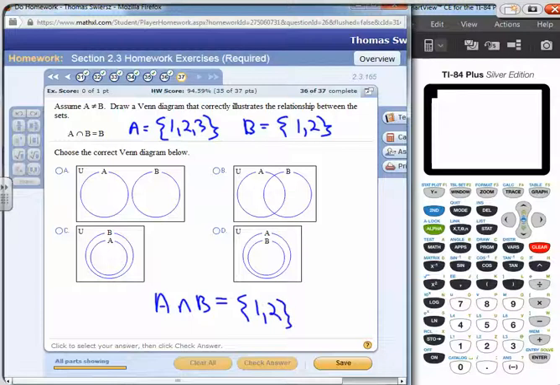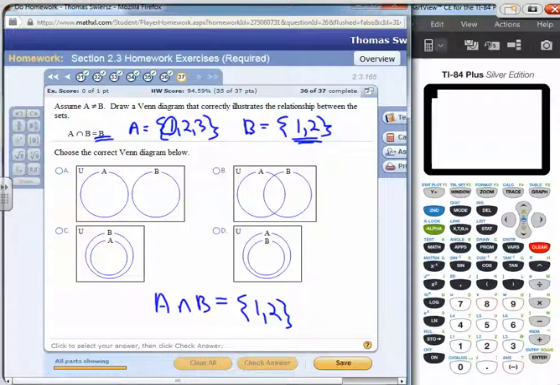So that means every element in B is also going to be in A, because we need everything in there. So B is really going to be a subset of A. In order for this intersection to be B, everything in B must also be in A, but we could have extra elements in A, because the intersection is B.